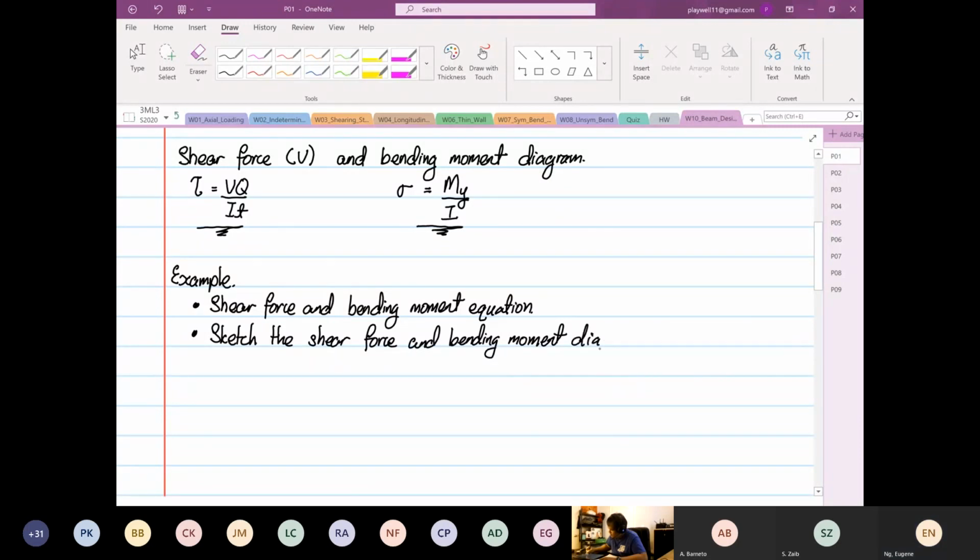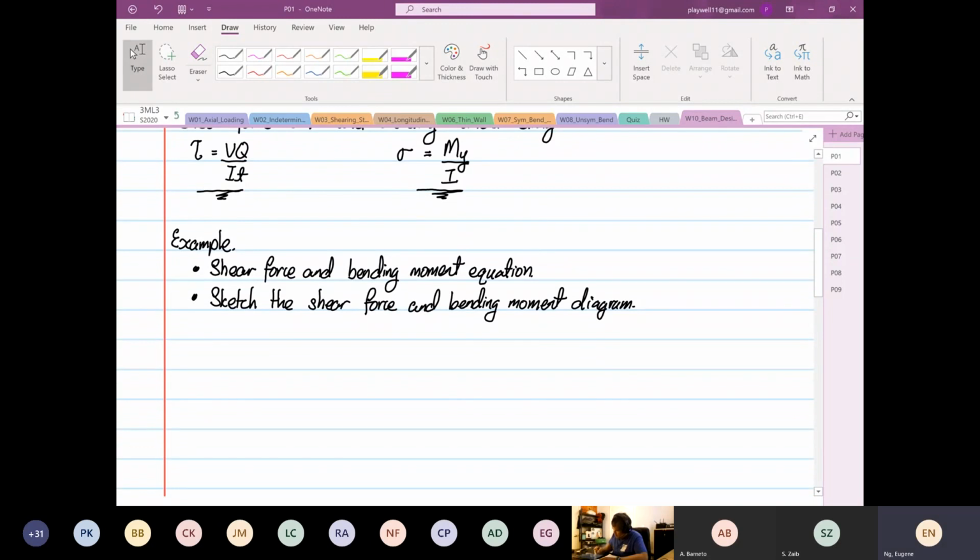Okay, and then from here we are going to select the beam based on the analysis. Okay, you will select the beam. Okay, so that's what I want to capture over here. So let's look at the example.